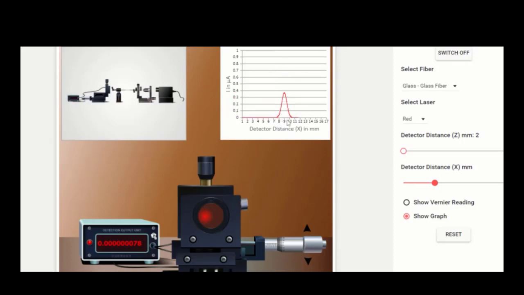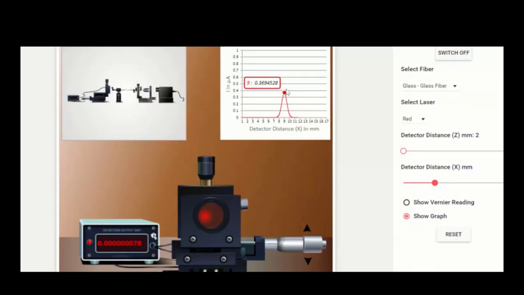After a certain distance of the detector, its current also decreases. So you have to adjust your detector in such a way that the intensity or the current you are getting is maximum. When you get this graph, you have to find out this I maximum.